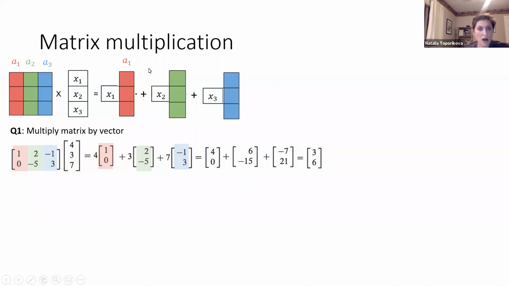Now, when we conduct the matrix multiplication, we can represent it as a linear combination where the components of our vector are just the weights.